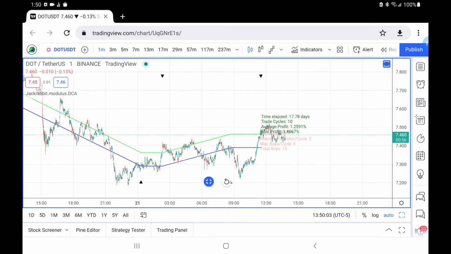Providing I can get the chart blown up. There we go. So 10 trades within the last 3 days. Now it did take on accumulation, the average of 2 positions, the highest of 4 positions. That's not a bad thing. You just need to be aware of it. 10 trades in a 3-day period is good.